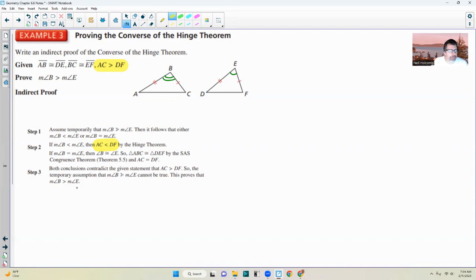Okay, so we were given AC is longer than DF, so we have contradictions there. The other thing is angle B cannot equal angle E because that would make AC equal to DF, and that's another contradiction. Okay, hopefully that makes sense to you. You make an assumption and it's kind of indirect, as it's stated here.